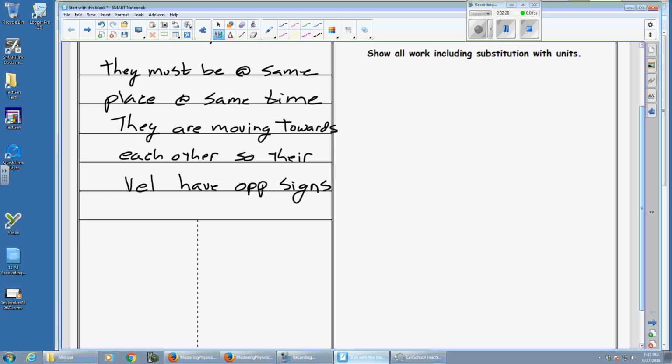And that's probably enough. Oh, I didn't open up my equation sheet. I knew I forgot something.